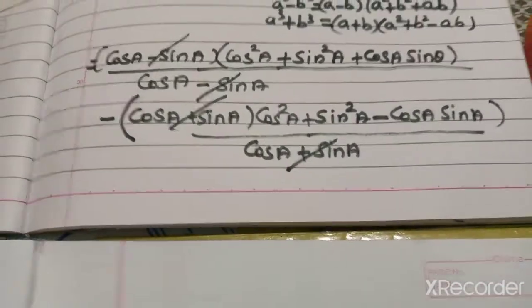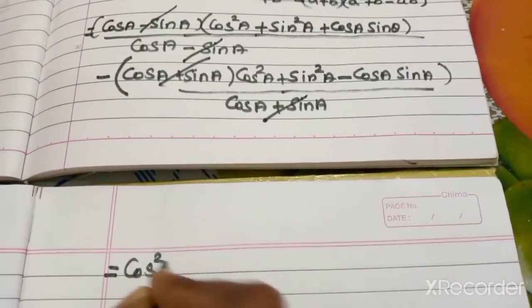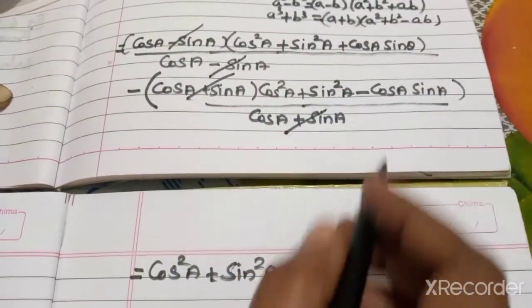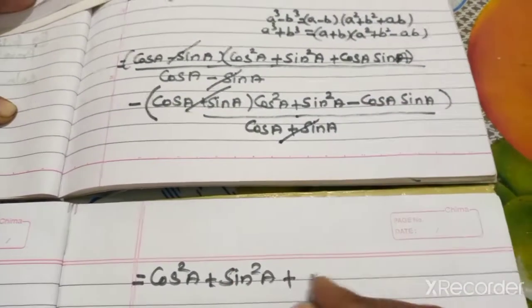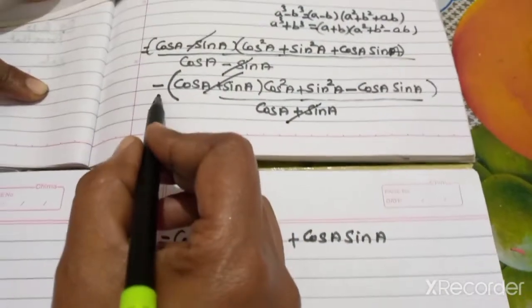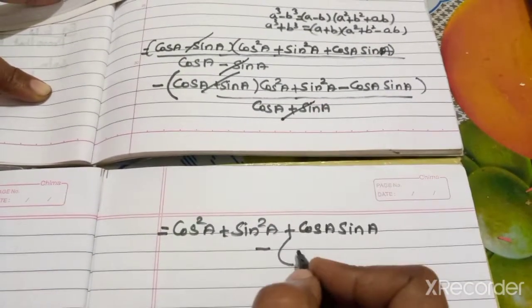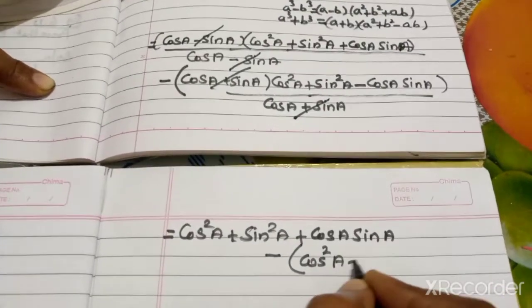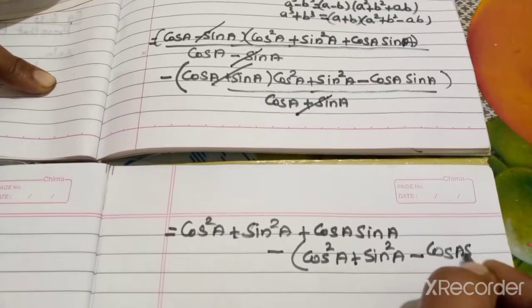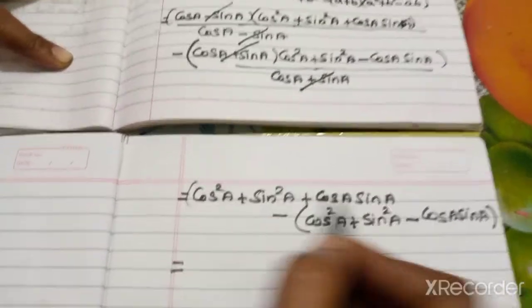Let us write the remaining terms, which is equal to cos square A plus sin square A plus cos A sin A, minus of this term, cos square A plus sin square A minus cos A sin A, close the bracket, which is equal to, here also use brackets.